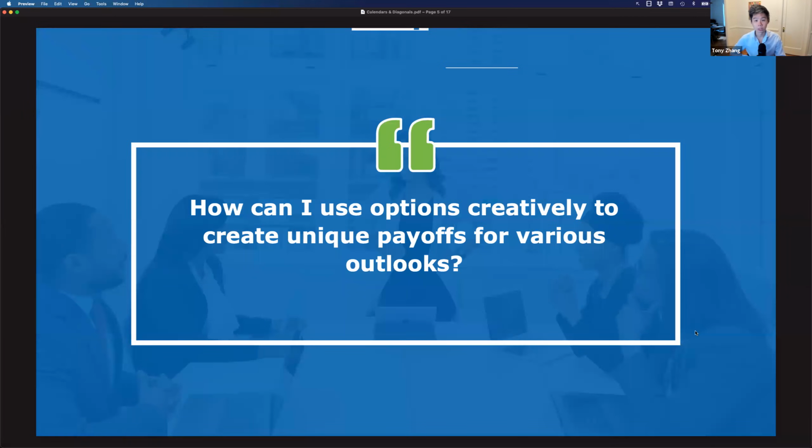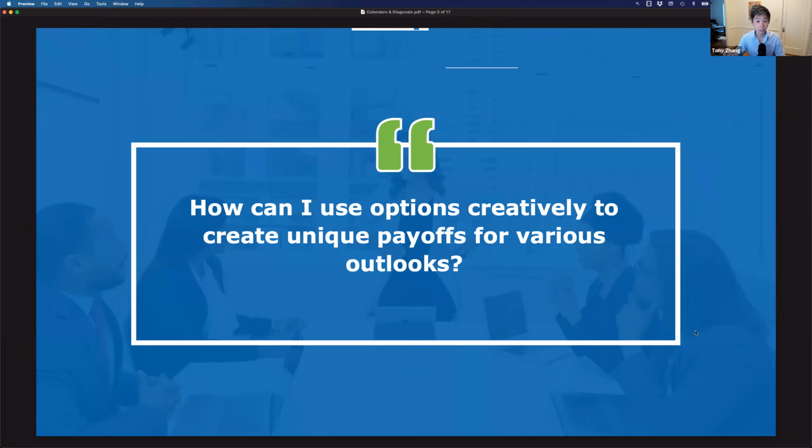But the primary thing that I want investors to walk away from today's session with is an understanding as to how you can use options creatively, because when we talk about time spreads, this is really where you start to stretch the limitations of your creativity with respect to options, because at the core of your option strategies are four fundamental building blocks.